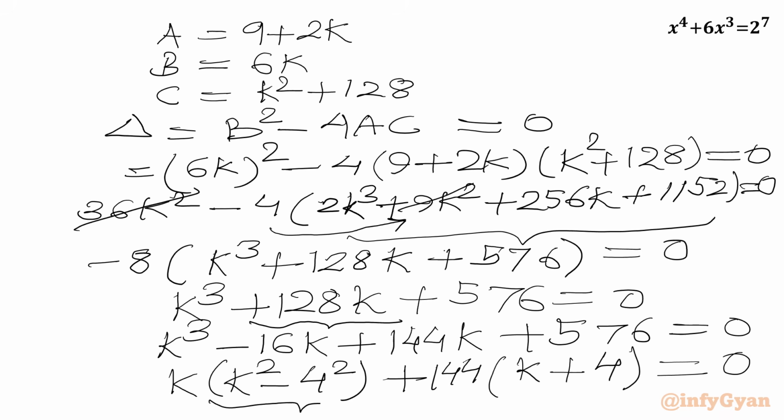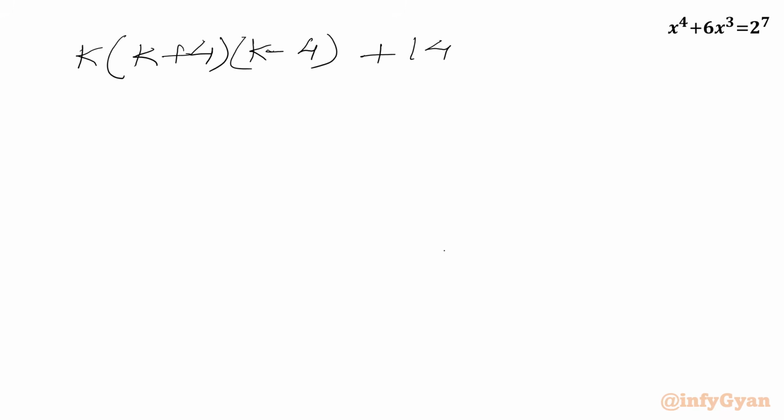Now we'll use difference of two squares formula over here, which will give us k times k plus 4 times k minus 4 plus 144 times k plus 4 equal to 0. Now we will take k plus 4 common out.